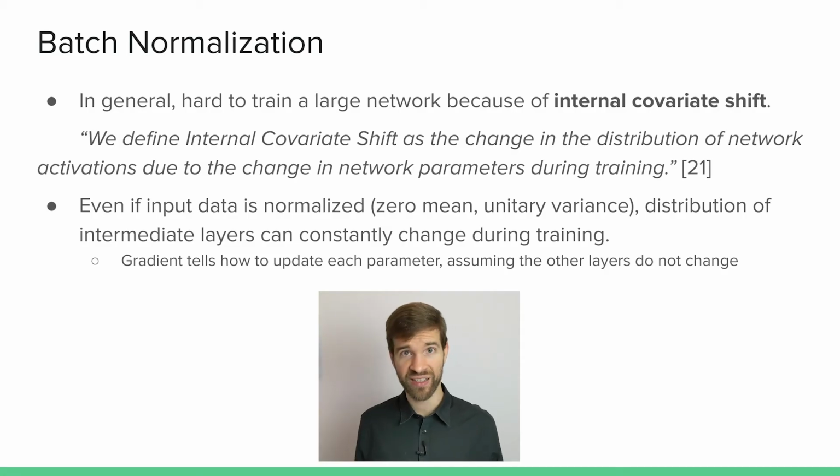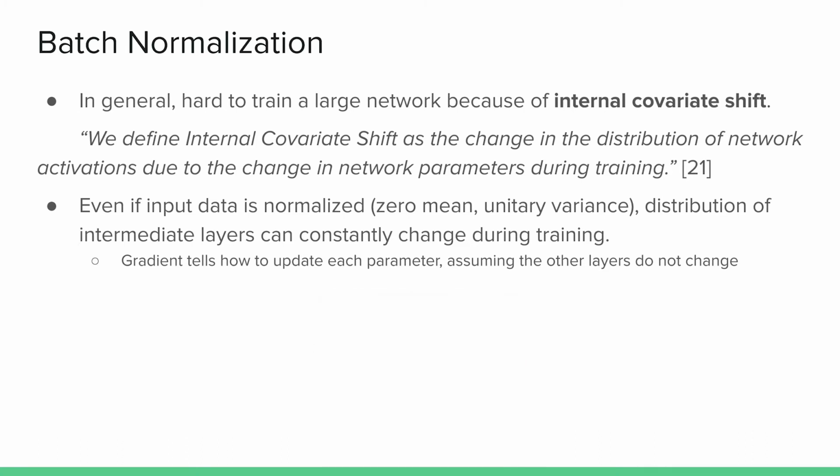And the gradient tells us how to update each individual parameter. But the underlying assumption is that all of the other layers that we computed our gradient for do not change, because we're just computing the partial derivatives with respect to just one parameter. So this constant shift in our network can become a serious issue.